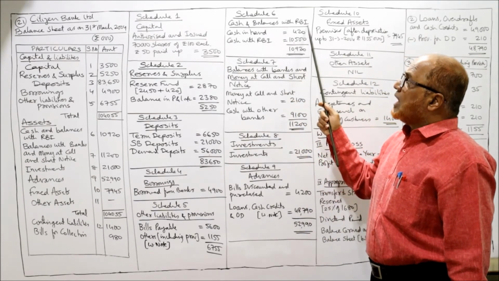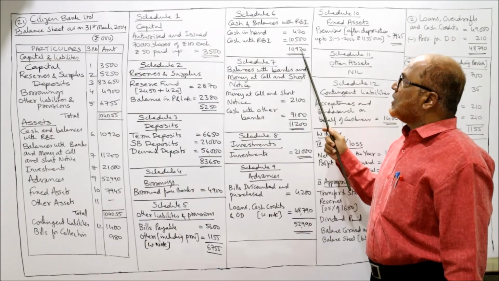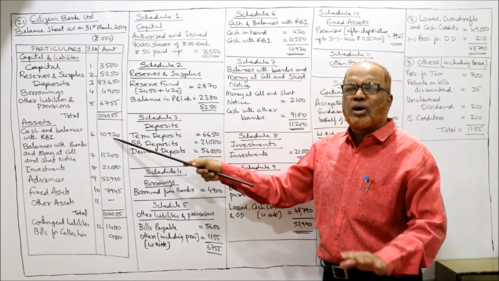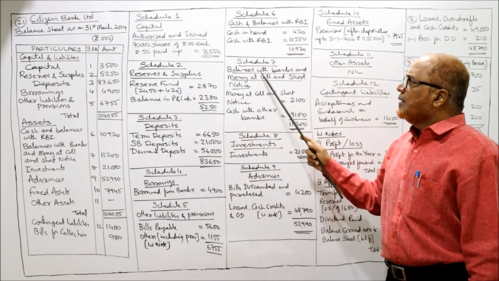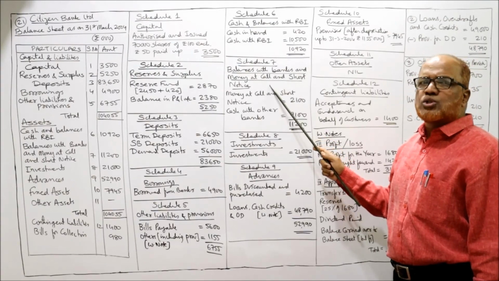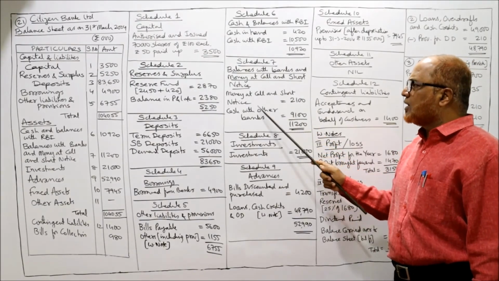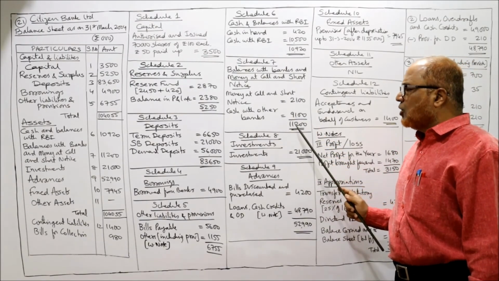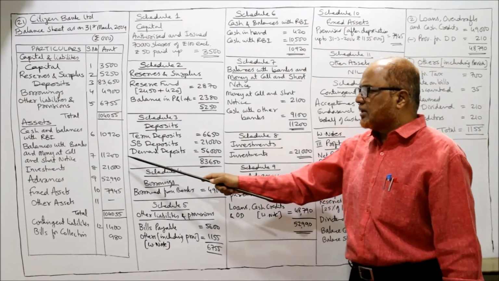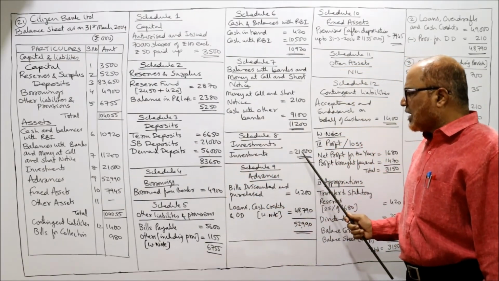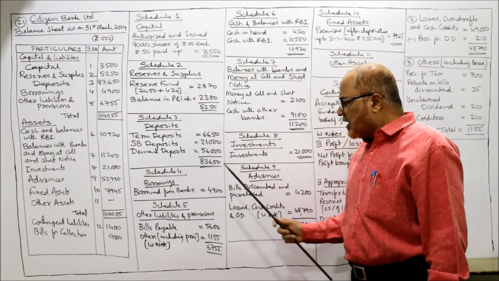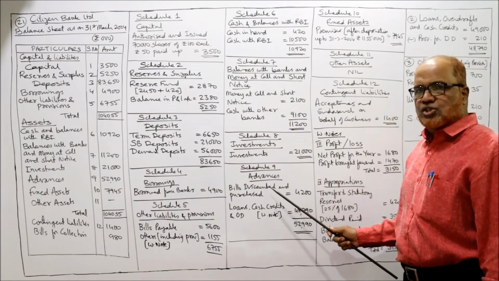Now, 6th schedule. Cash and balances with RBI: cash in hand, cash with RBI, 10,920. No adjustment. Then similarly, balances with other banks, money at call and short notice, schedule number 7: 11,200, no adjustment. Investments, 21,000, no adjustment. Advances, in advances there is one adjustment.